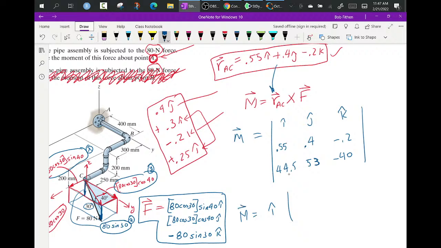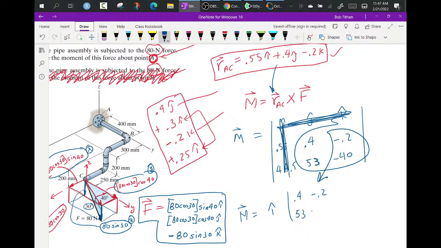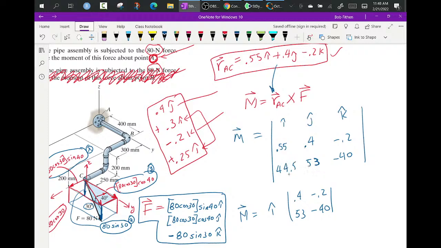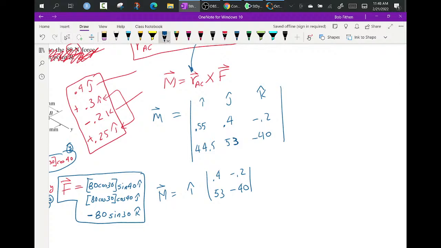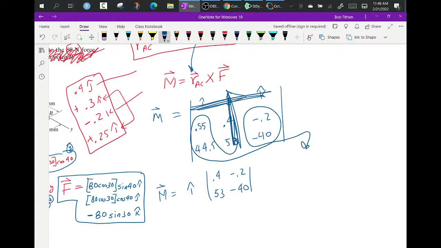Now, to cross this, what I would do is take the I, X that out, look at this one and copy it right down there. So it gives you 0.4, minus 0.2, 53 and minus 40. Then next I want to do the J. So X this out, X that out, take these and copy these down. But because it's the second entry, it becomes a minus here.